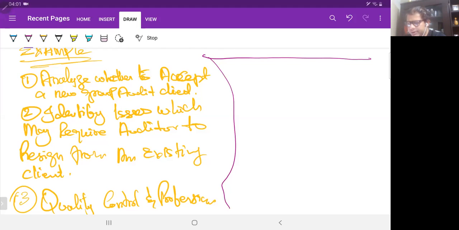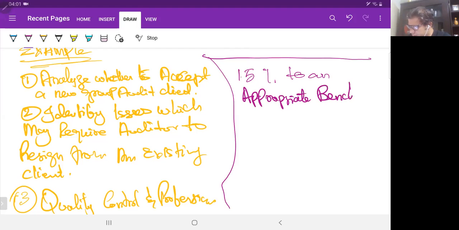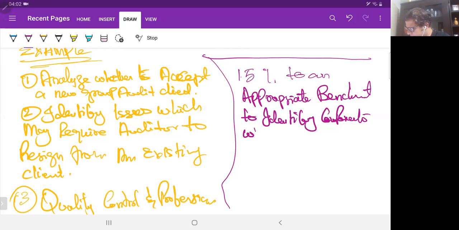So rather than a set of definitive rules, the standard states that depending on the nature and circumstances of the group, a group engagement team may decide to apply a percentage, such as 15%, to an appropriate benchmark to identify components which are financially significant.